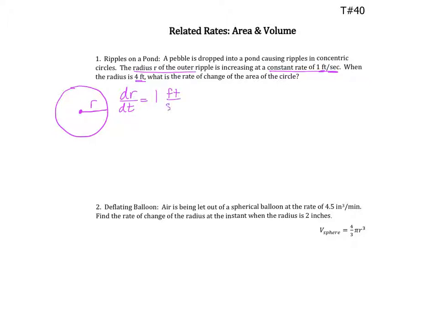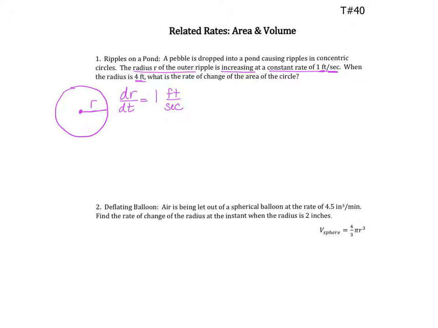Now I always ask myself, is the radius increasing or decreasing? Well, it says that the radius is increasing. So if your variable is increasing, that means dr/dt, the rate, is going to be positive. Sometimes you have to put in a negative if your variable was decreasing, so we'll deal with that a little bit later. So there's my given: dr/dt is 1 foot per second.